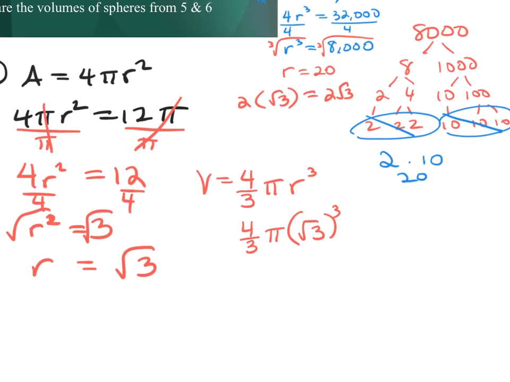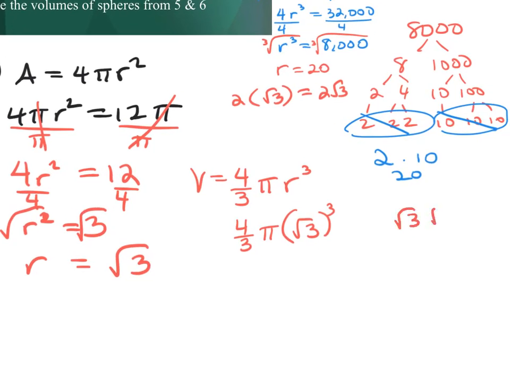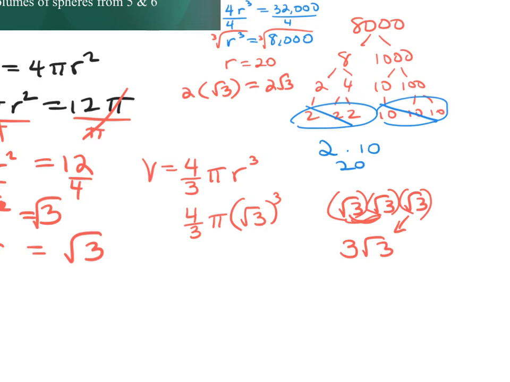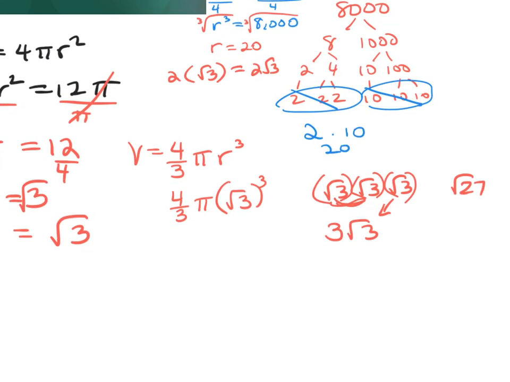So what I'm doing here is square root of 3, square root of 3, square root of 3. I'm multiplying these. Now, whenever you get a pair, this becomes just 3, and then this 3 stays underneath. The other thing you could do is multiply this, get square root 27, and then you still got to go back and break it down.